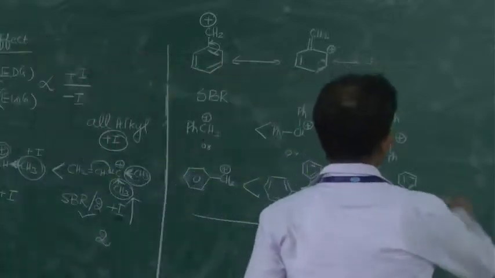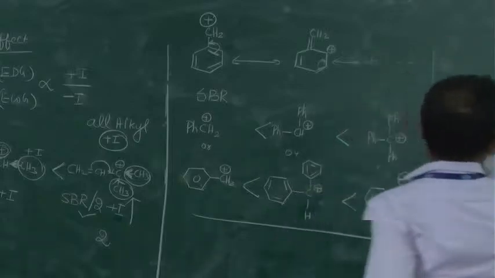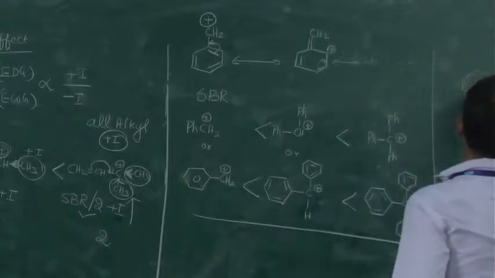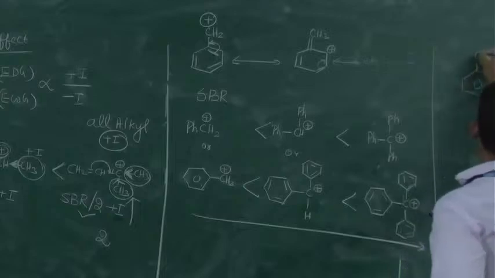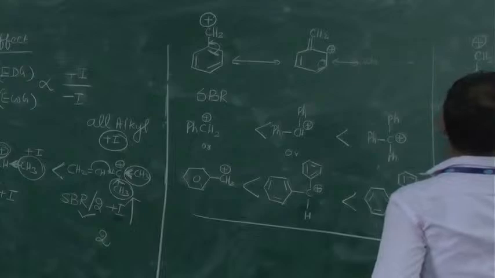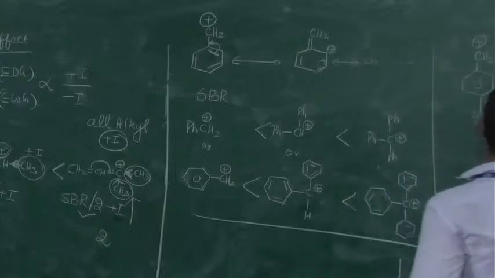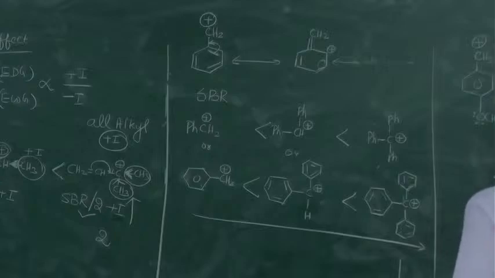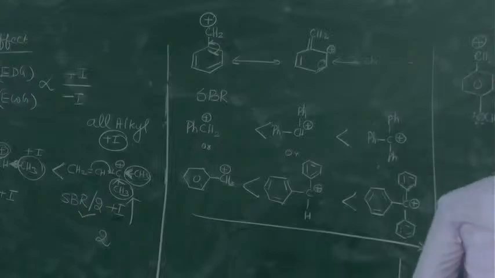Now, next, third. For example, suppose you take this one: CH2 plus OCH3. Next, you have a simple CH2 positive. Is it clear?